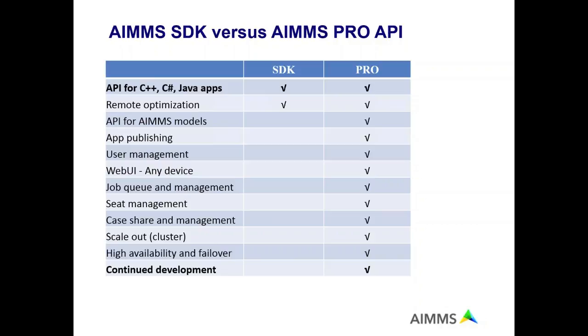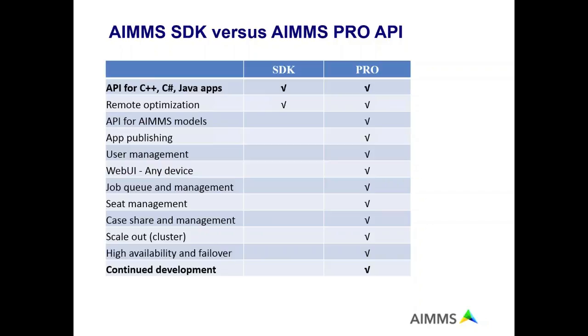But for instance, a Pro application is also able to communicate with other Pro applications. You have all the advantages of AIMMS Pro basically. It's very easily published, so that is also easy to share with your end users.